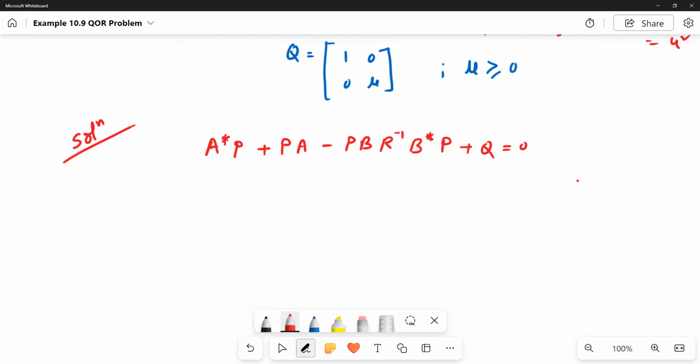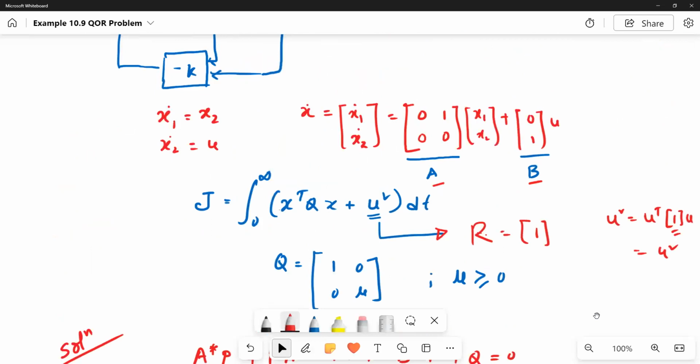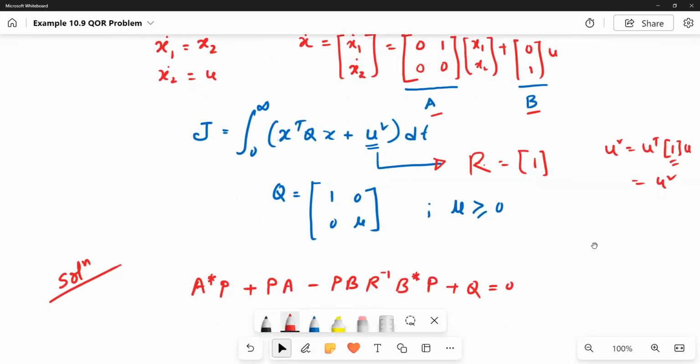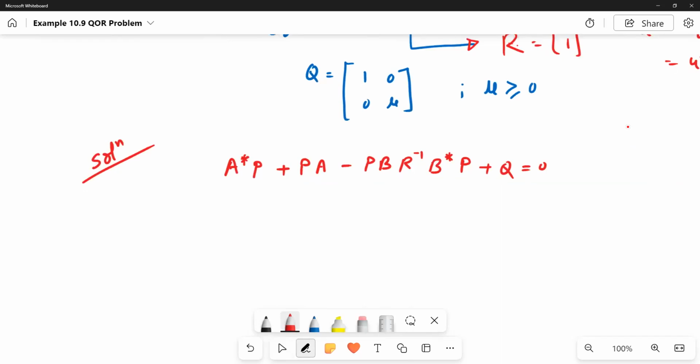Okay, so A transpose will be required first. So you can write the A matrix, then make it transpose of it. So what is our A matrix? Our A matrix is basically 0, 1, 0, 0. So you can write it row wise, and it will be 0, 0, 1, 0. So we're taking the transpose of the A matrix, it will be 0, 0, 1, 0.